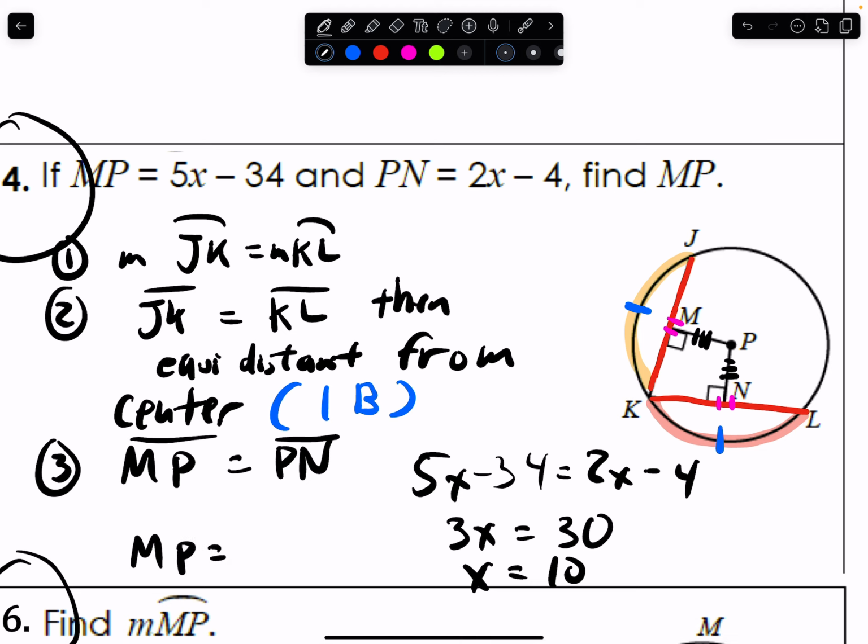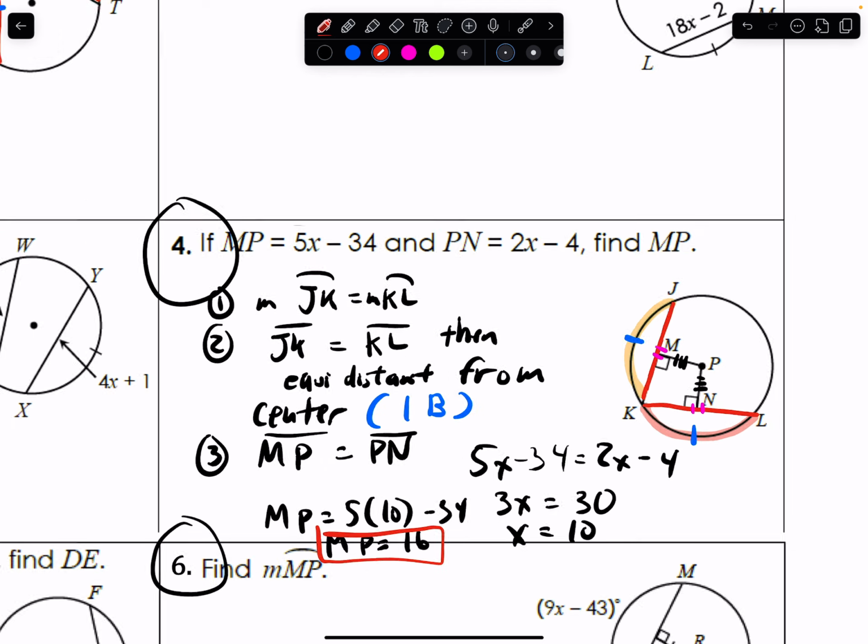MP is equal to 5 times 10 minus 34, which is 50 minus 34, which is 16. That's a lot of work.